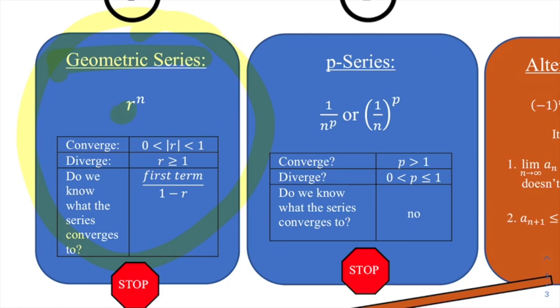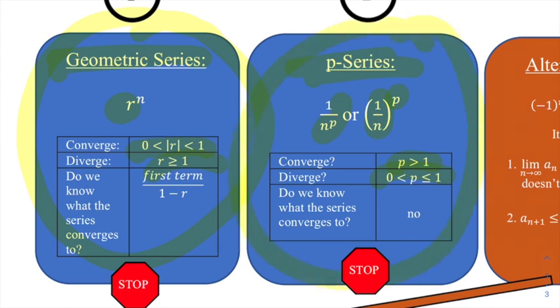Geometric series: we can just figure out the common ratio, and we can determine convergence or divergence pretty easily. And a p-series: if we have 1 over n to a power, we can figure out what that power is and easily determine convergence or divergence.